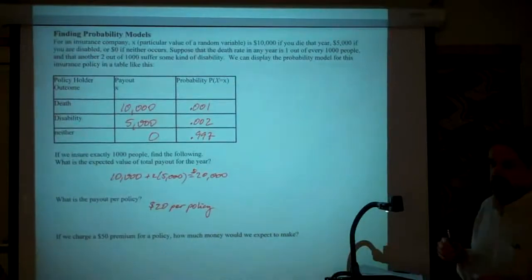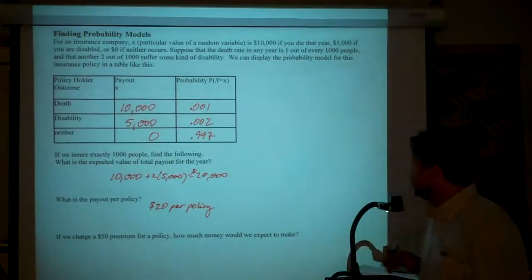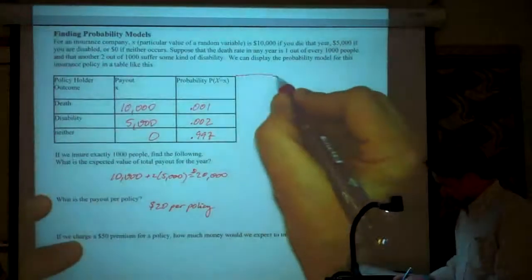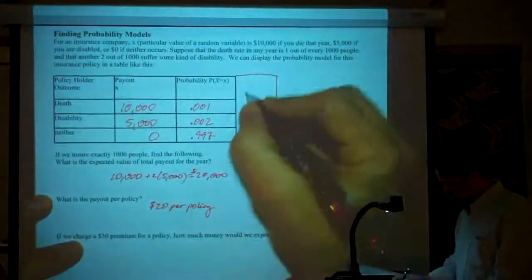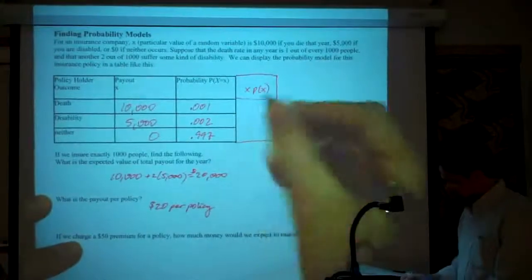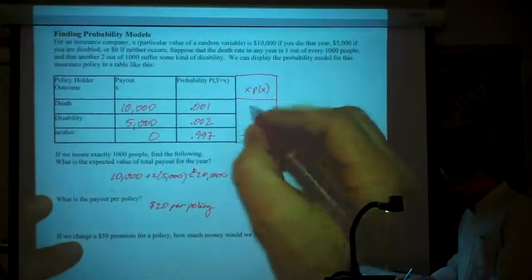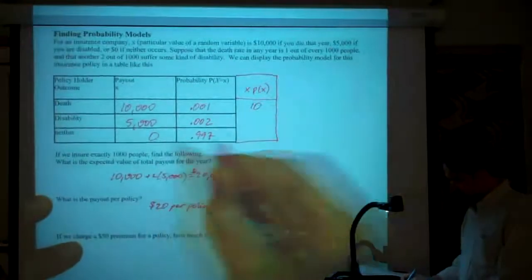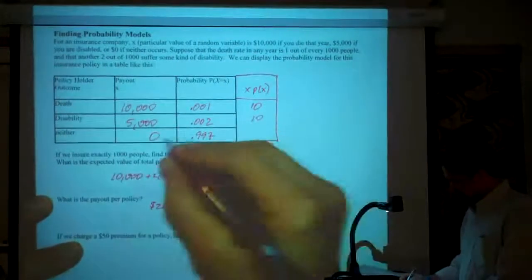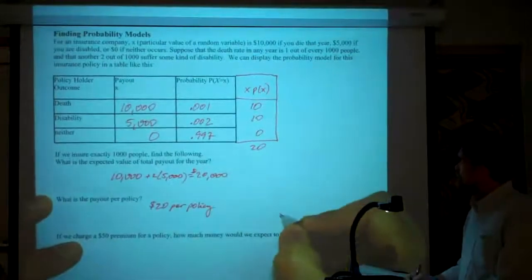Now there's another way that we could have done this, and this is the more common way of finding the expected value of the policy, and that is to make another column here where we multiply x times p(x), and we say 10,000 times 1 over 1,000 is 10, and 5,000 times 2 over 1,000 is 10, and 0 times anything is 0, and when we add these up, we get 20.